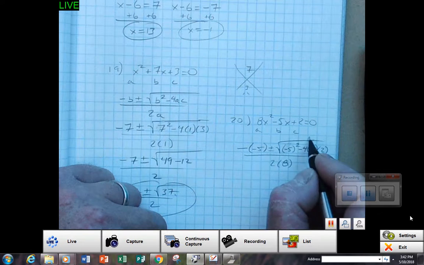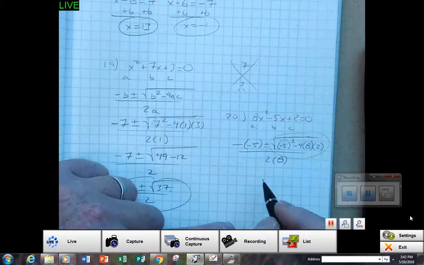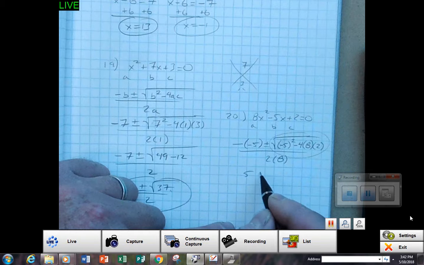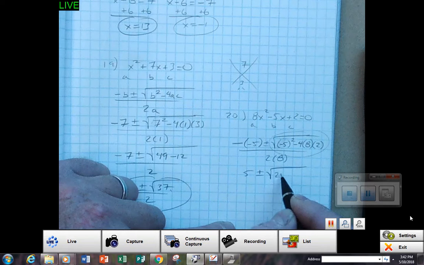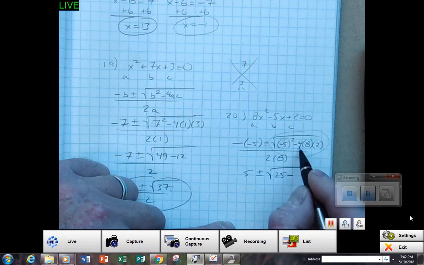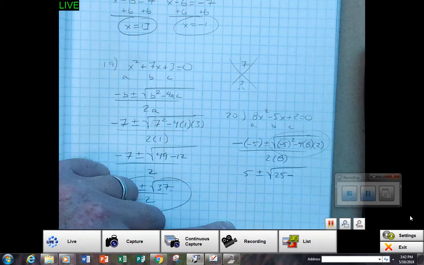And what happens underneath the radical is you're going to get 25 minus 4 times 8, which is 32, and 32 times 2 is 64.